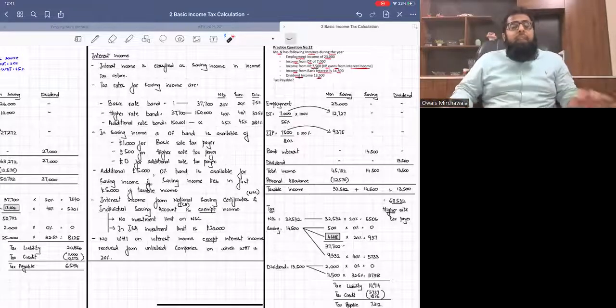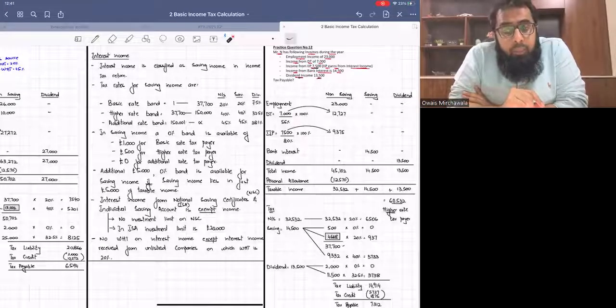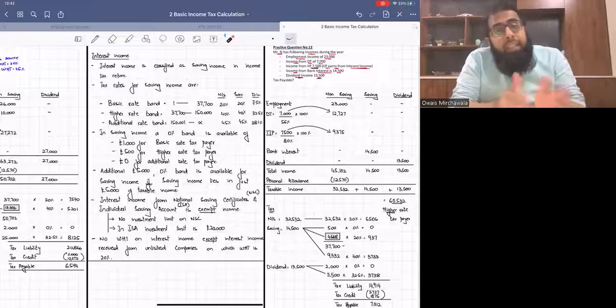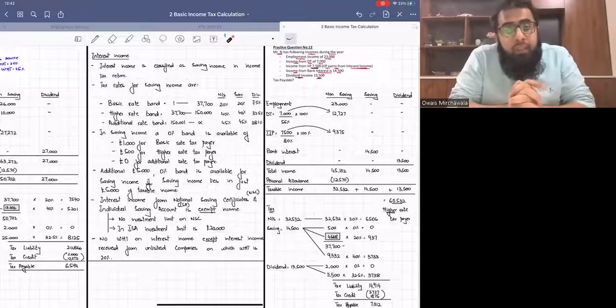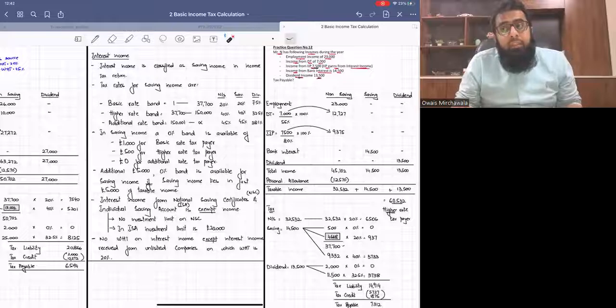So, when we talk about interest income, it is classified as a saving income. Saving income is a separate head of tax.